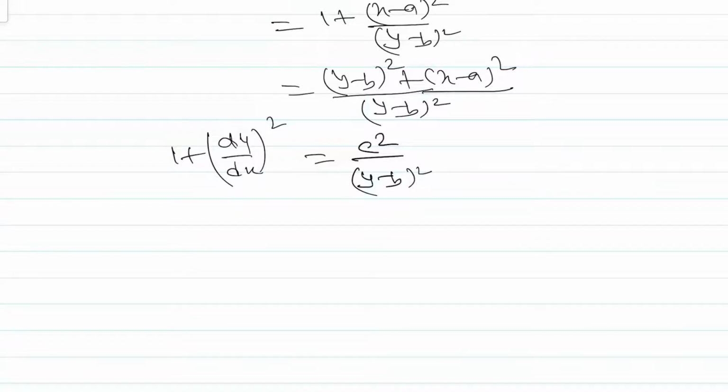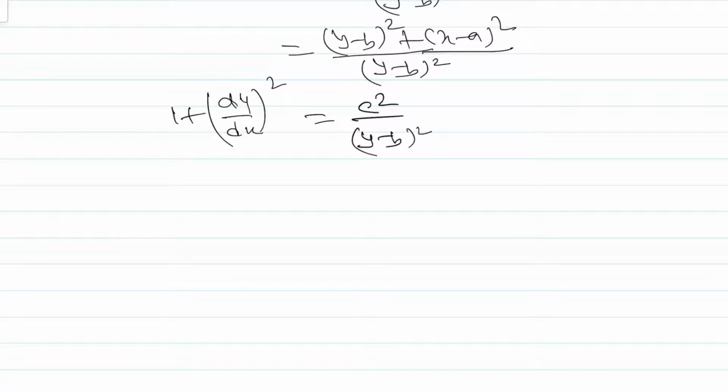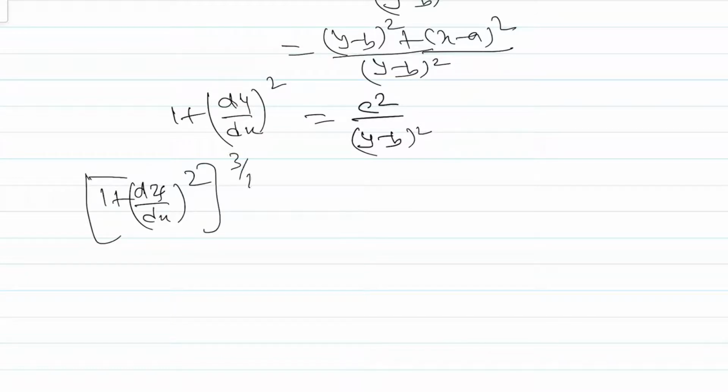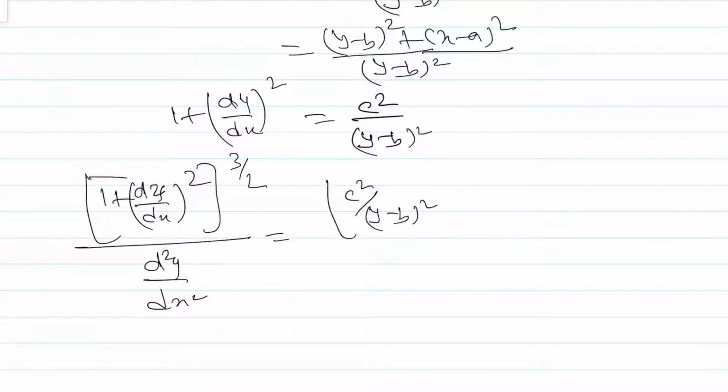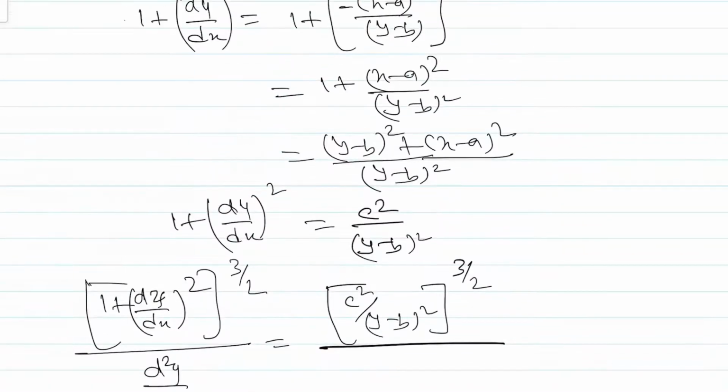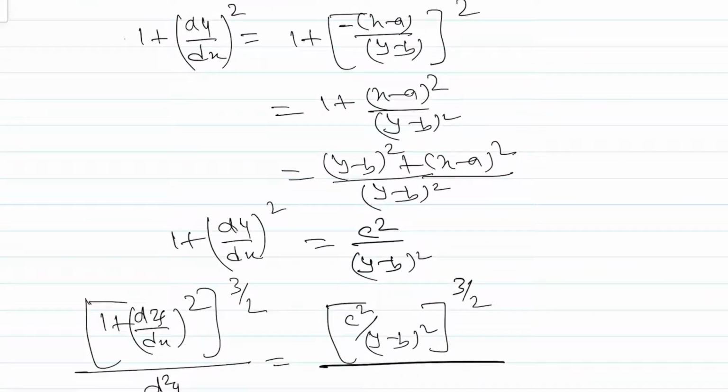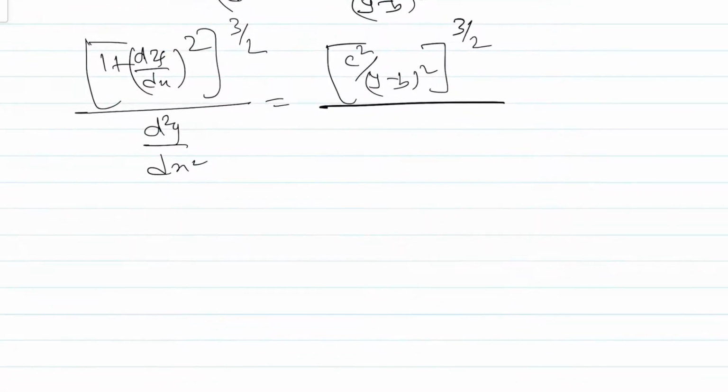Now let us calculate the final expression. [1 + (dy/dx)²]^(3/2) divided by d²y/dx² will be equal to [c²/(y − b)²]^(3/2) divided by d²y/dx², which is equal to that divided by −c²/(y − b)³.